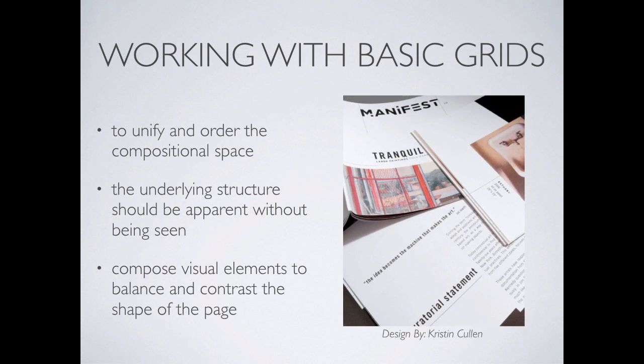So when we work with our basic grids, the idea behind it is to unify and order the compositional space. So if we have some kind of a background grid behind what we're trying to do, there is some innate organization strategy to how we lay out our work, right? It's not just, let me just slap on a bunch of stuff on the page and see what happens. There is some structure to it.